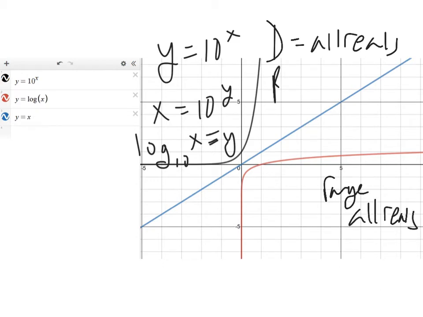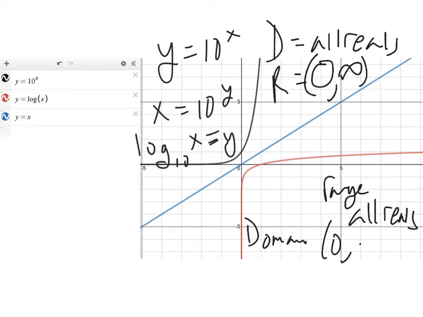And the range for the exponential function is from 0, not including 0, to infinity, that's the new domain. The domain is 0 to infinity because they switch. So there's a vertical asymptote happening at x equals 0. Doesn't include it, that's where it is, okay?